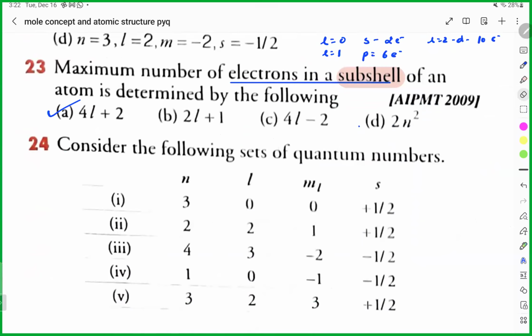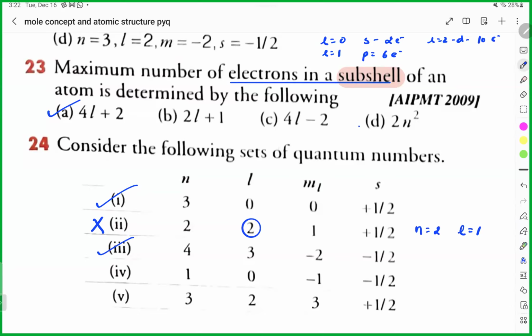Chandana, is the first possible? Yes, sir. Second? No. If n value is 2, l value maximum could be 1, not more than that. Correct? Third, Chandana. If n value 4, l value is possible, m value, is this correct? Yes, sir.